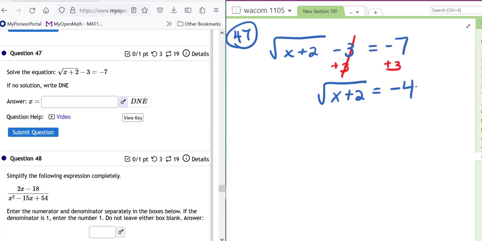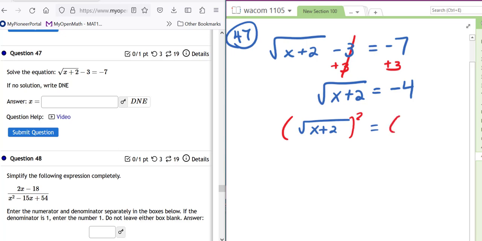But if we went through the steps and we squared both sides, right, this would get rid of your radical. And this gives us a positive 16.